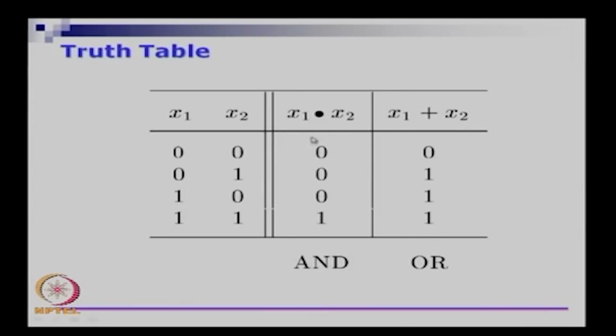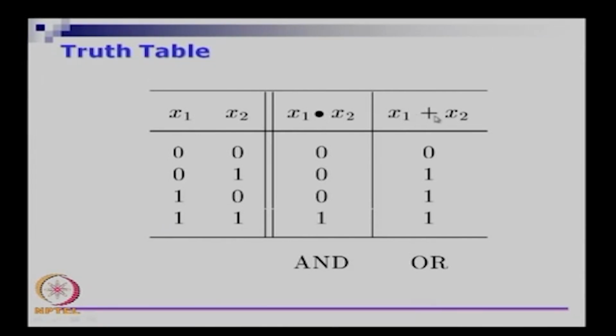So for AND, we will use the symbol dot, x1 dot x2, or x1 and x2, and for OR we will use the symbol plus, x1 plus x2. So do not think of this plus as addition of 1 and 1, so do not ask me why this is not 2 and why this is only 1. Think of it as an operator or a symbol that we have used to say x1 or x2.